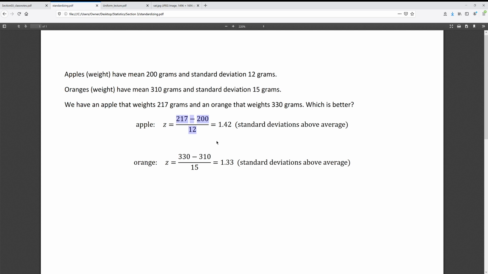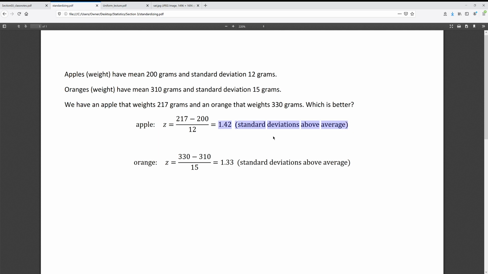And that'll give me, rounded to two places, for reasons we'll see a bit later, 1.42. So there's my answer. 217 is 1.42 times 12 plus 200 if you track it backward. 217, for an apple, is 1.42 standard deviations above average. So this apple is 1.42 standard deviations above average.